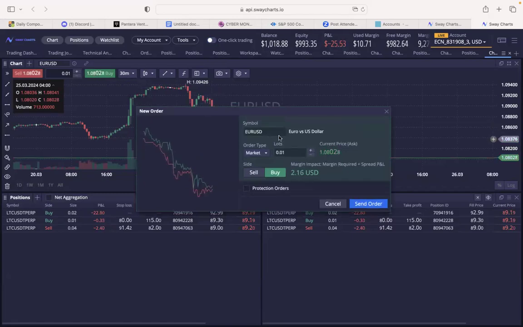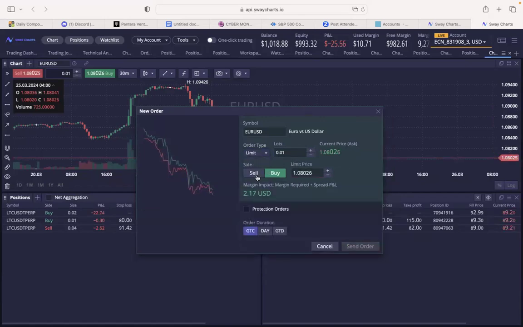Remember the first time I did it, it was just straight up, I just bought it and then it fell. Now I can come here and set a limit order, right? This is my lot size. Sell or buy at this lot size. You get what I'm saying?